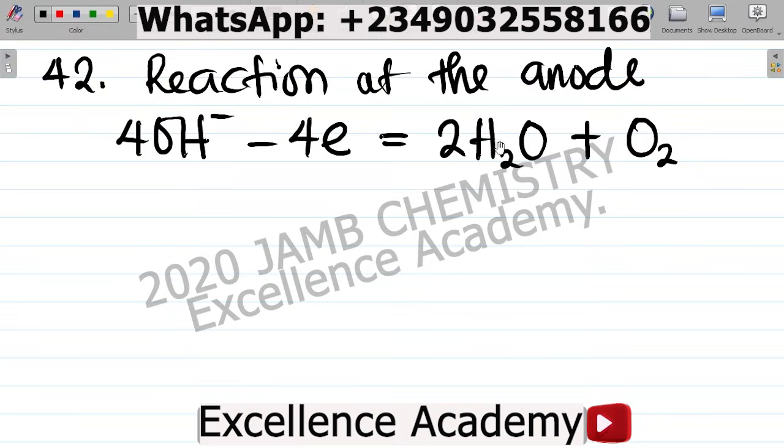So what you have here is actually the correct answer. This is the reaction that is seen at the anode in the electrolysis of copper tetraoxosulfate 6 using platinum electrodes. All right, let's see which option has this particular reaction.